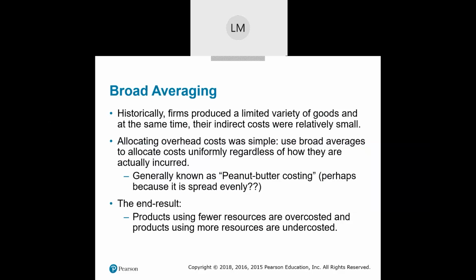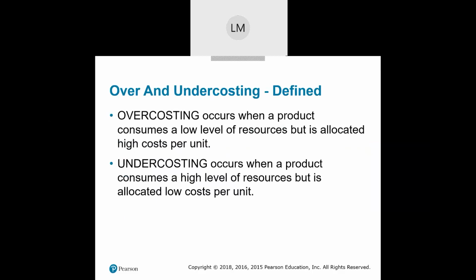So when we spread out overhead costs using one cost rate, what happens? Well, generally, the products using fewer resources are overcosted, and the products using more resources are undercosted. So let's take a look and see what over and undercosting are.